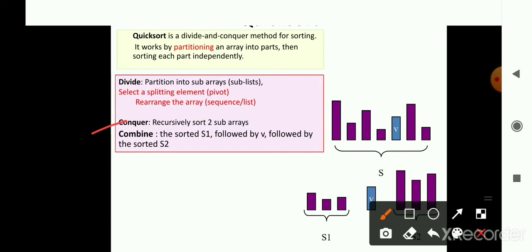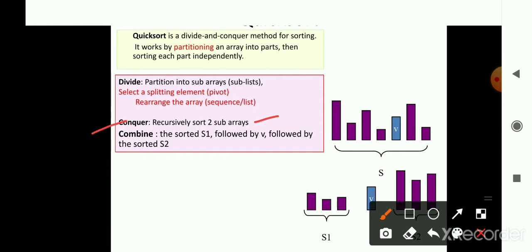So here we have to choose again one pivot. This can be achieved by recursively passing the subparts into the algorithm, which means we are calling the same quicksort function for these lists. So that is the conquer.